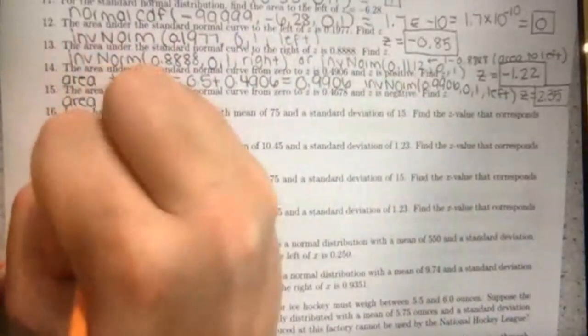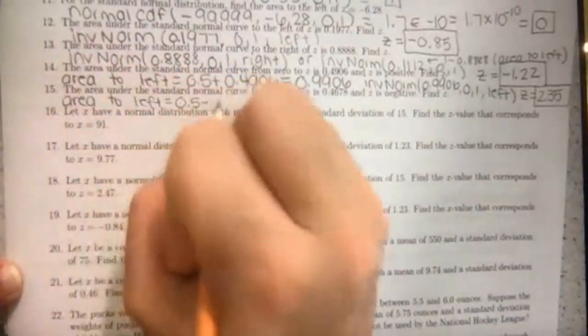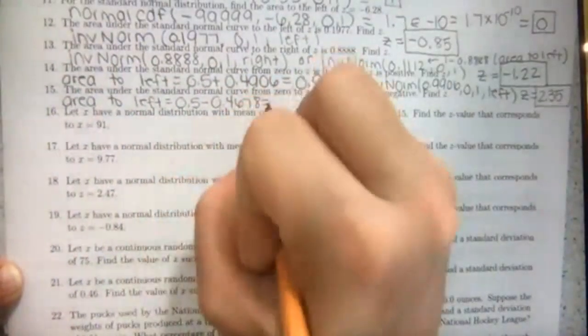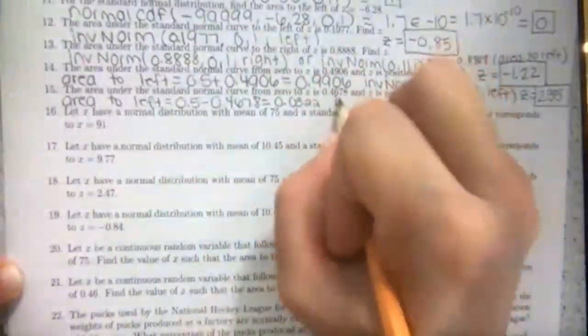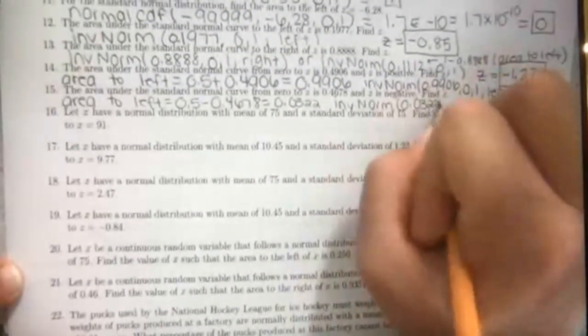So for number 15, our area to the left was 0.5 minus 0.4678, which gave us our area to the left of 0.0322. So our inverse norm for everyone, our area to the left is 0.0322.